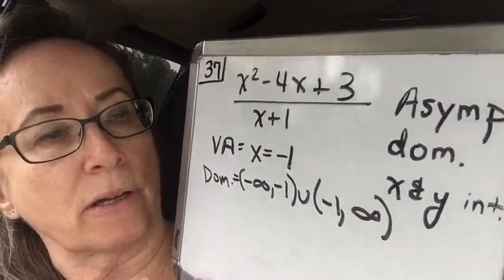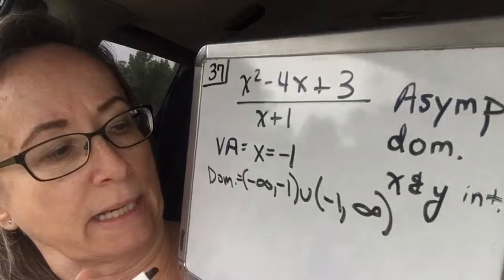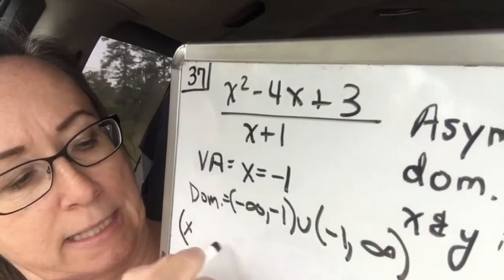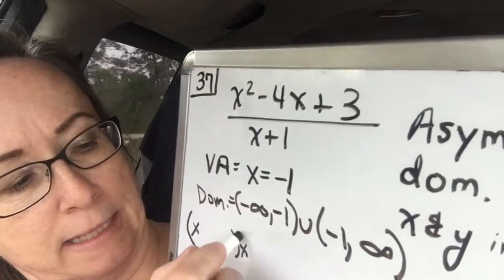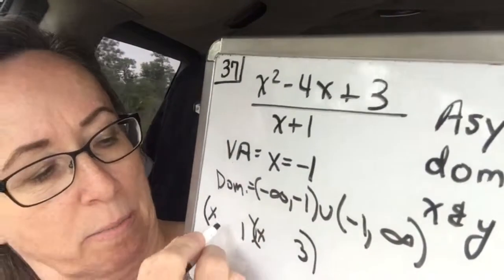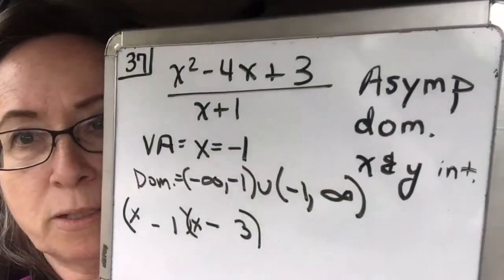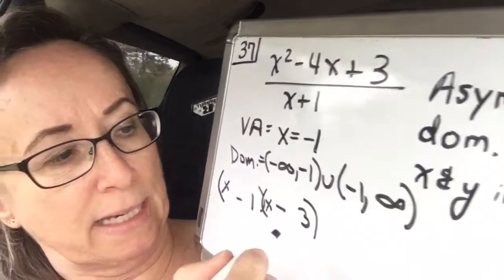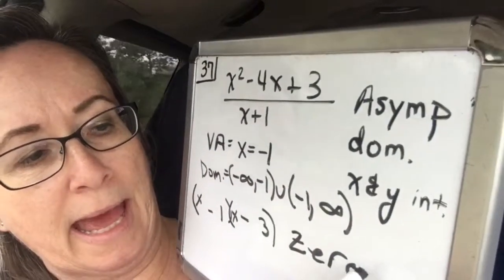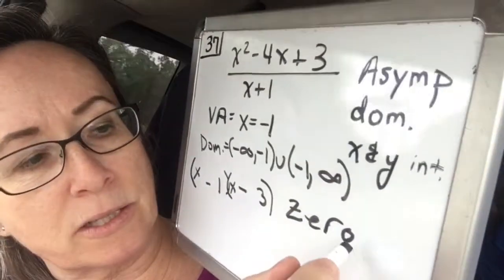Okay, so what about our zeros? Our zeros are going to occur where our numerator goes to 0. So when I factor the numerator, I'm going to get an x minus 1 and an x minus 3, and those factors will give me the numerator. So I have a 0 at x is 1 and x is 3.